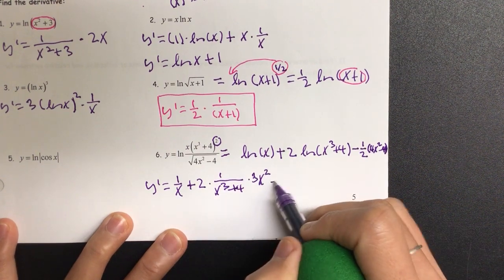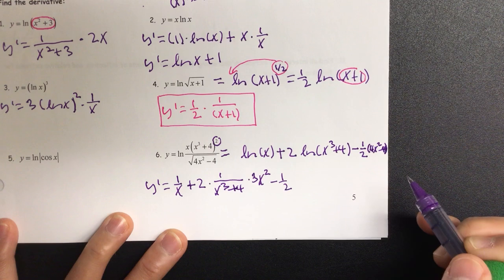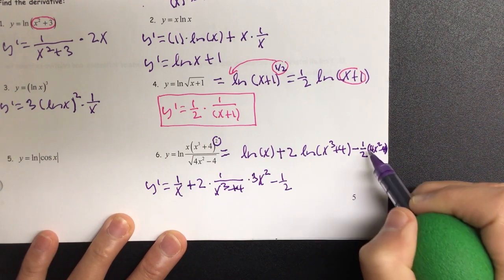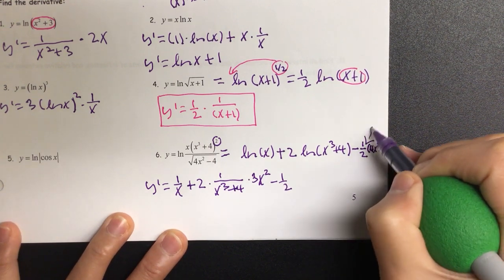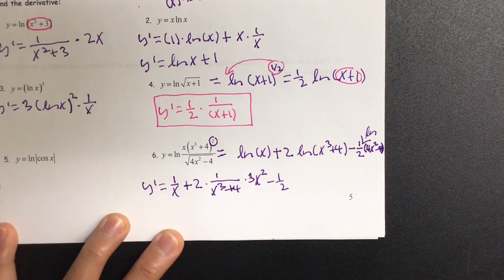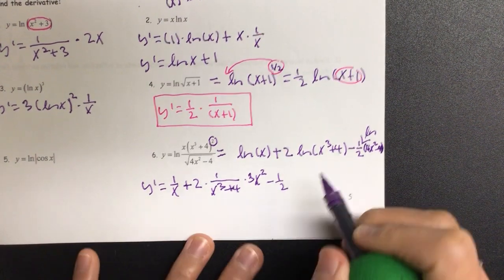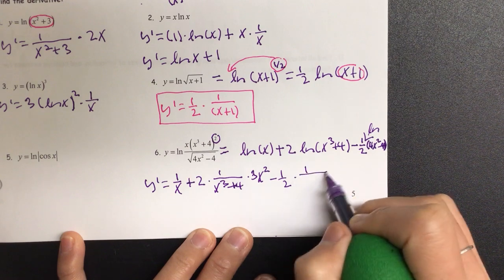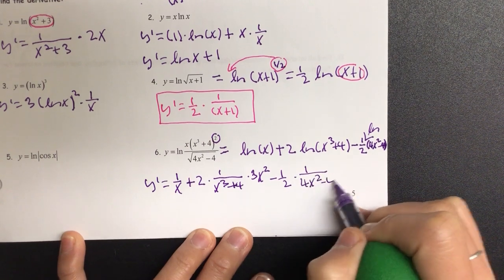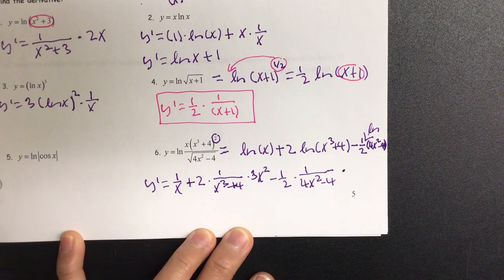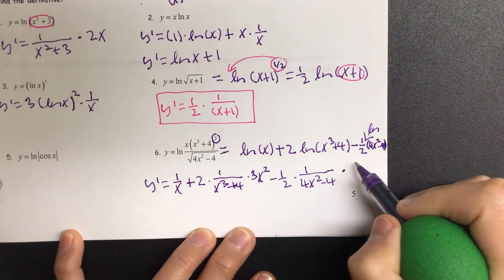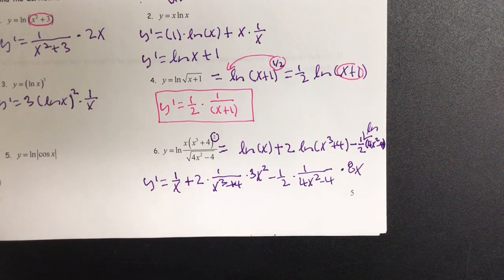And then I'm going to leave the minus 1/2 alone. And did y'all realize I forgot the natural log piece right here? That's what happens when I don't have enough room. So we have times 1 over 4x squared minus 4. And what is the derivative of that? 8x. And that's it.